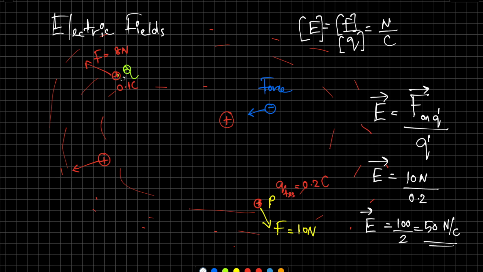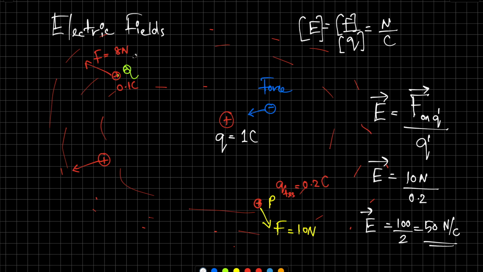The magnitude of the test charge should be much smaller than the main point charge. Let's say main point charge is Q equals, I don't know, 1 coulomb. This is 0.1 coulomb. It shouldn't interfere with the field created by the main charge. That's why we are taking a very small test charge.